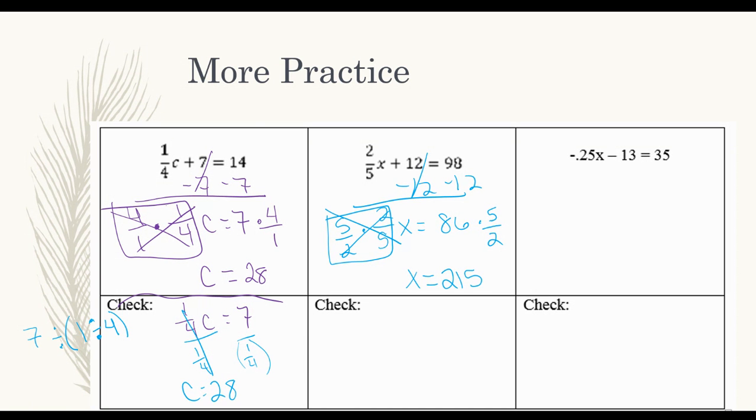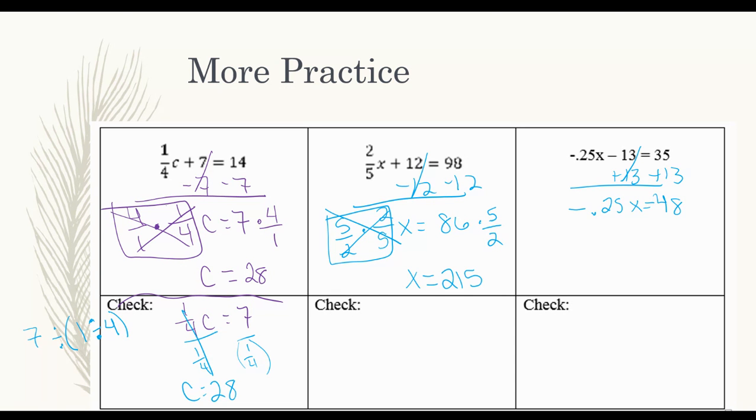Last one here, yes, it deals with a fraction, but nothing too crazy. Again, I just want to get rid of this minus 13. The opposite of minus 13 is adding 13. So your negative 13 and positive 13 cancel out. Bring down that negative 0.25, and you should get 48 here.